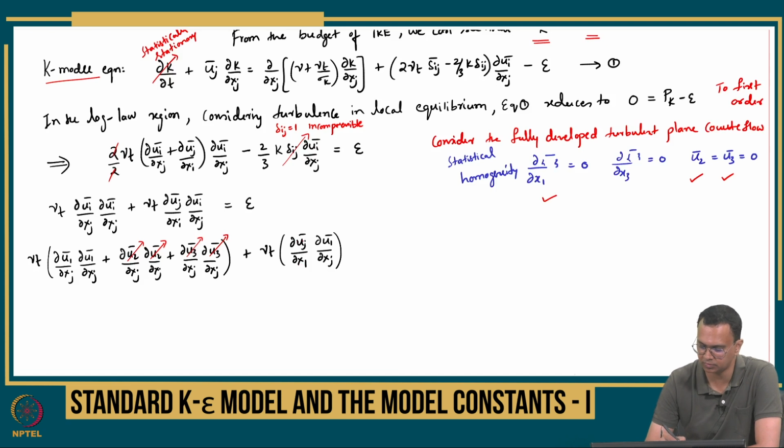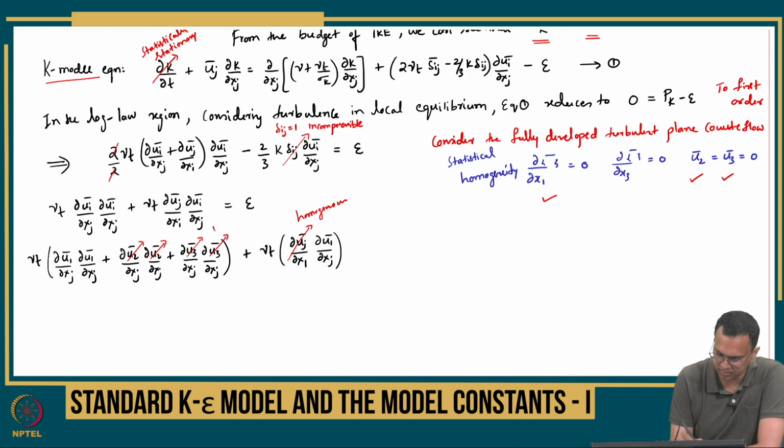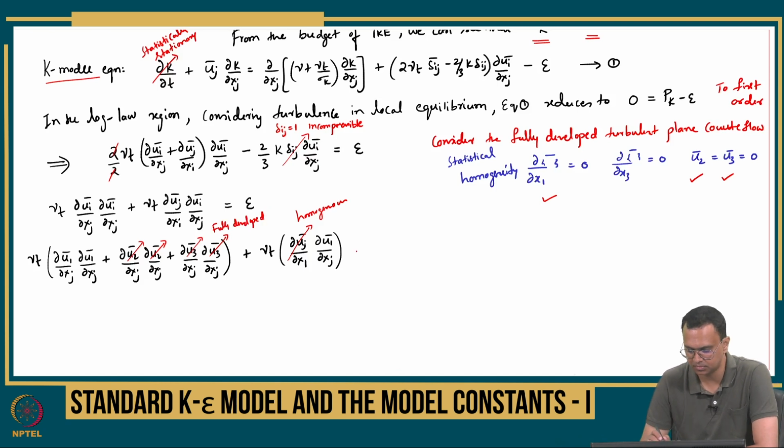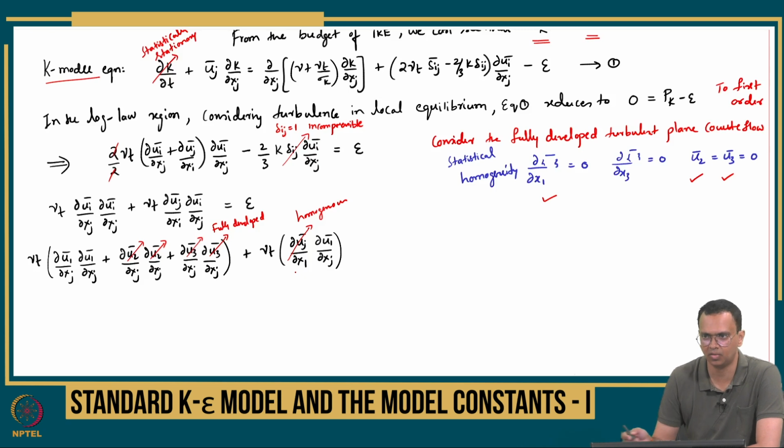So ∂/∂x1 of this is 0, right. This is because it is fully developed. So this entire term goes away. Even if you expand it, you will see that eventually this entire term goes away. The cross term, that is the ji, ij term, goes away, equal to your epsilon.